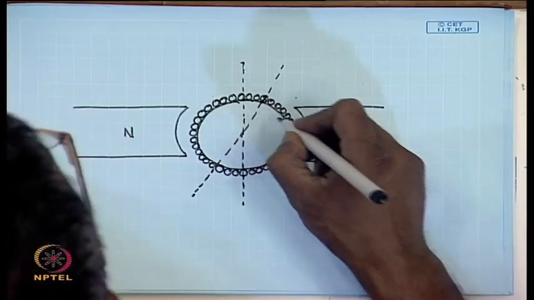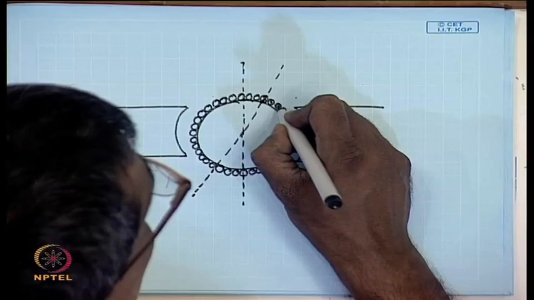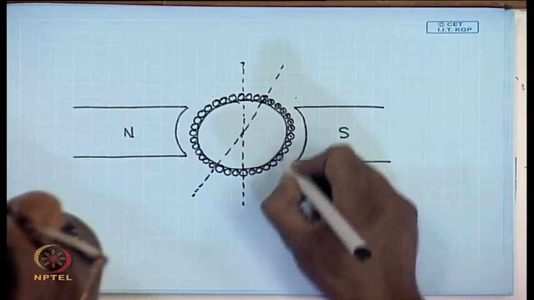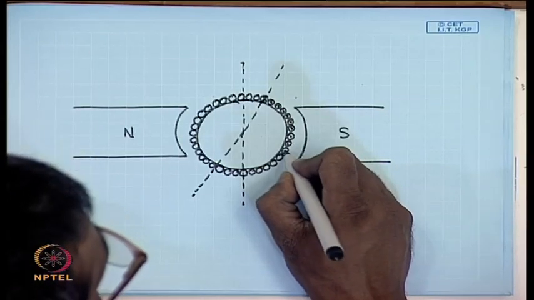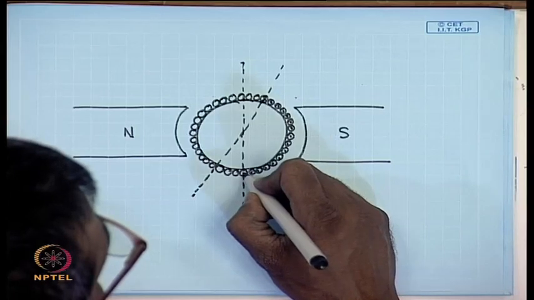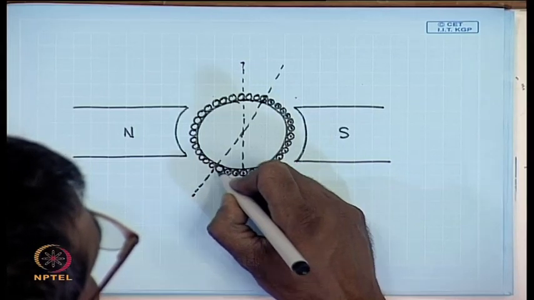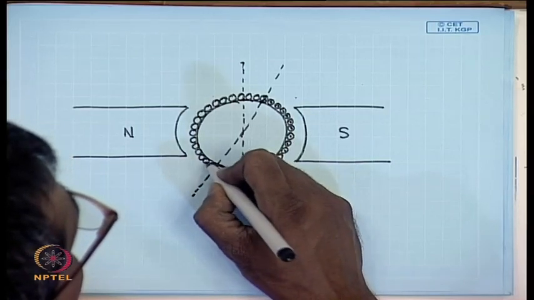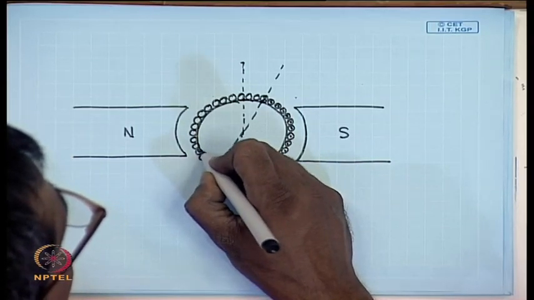These currents will be all dot, and these will be all cross currents.